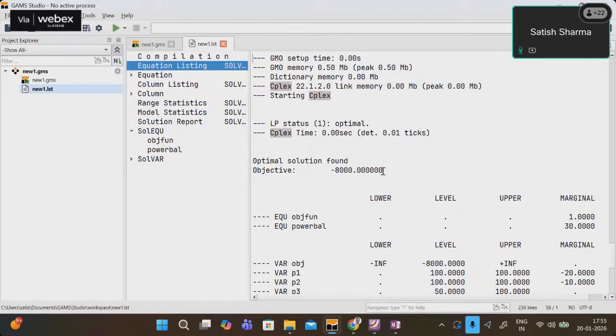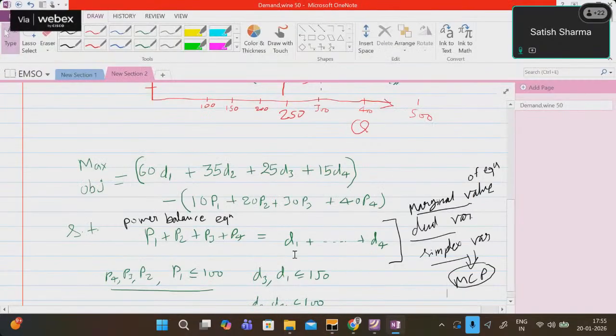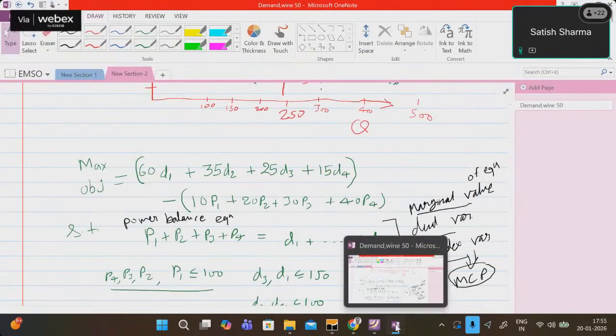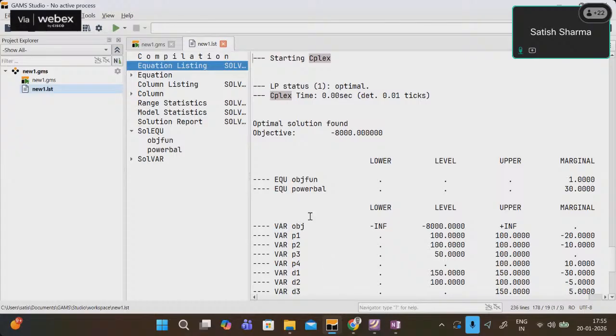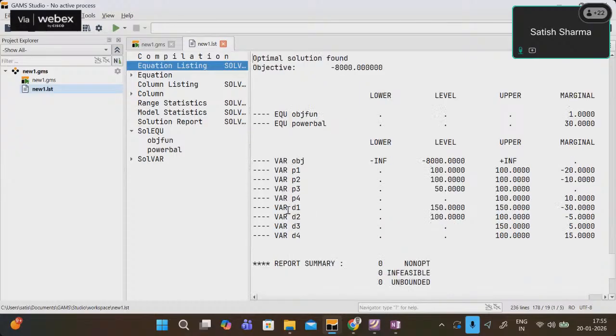And if we go with the one which we have written here, it will come equal to 8000, which is also fine. Then the different values are provided, so these are the equations. The level should be 0, so it is exactly equal to 0, and the marginal value gives the market clearing price. Then different variables are defined.